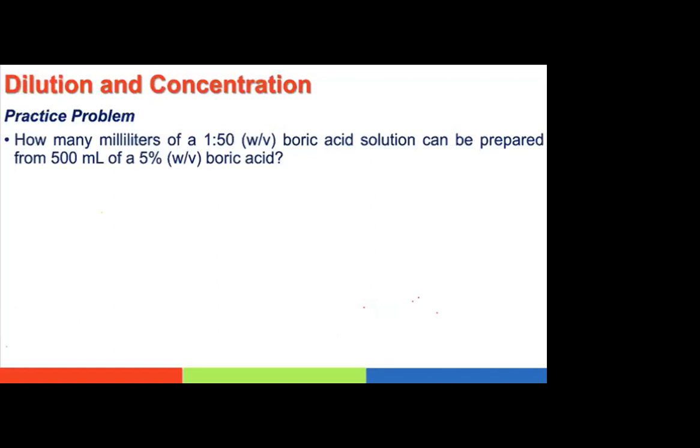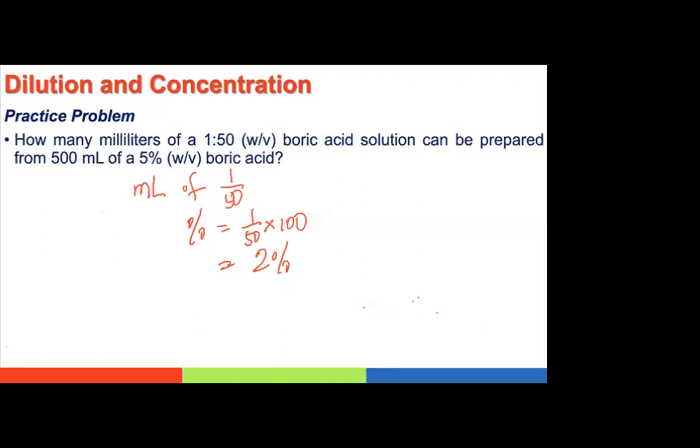Okay, tinatanong ilang ml of 1:50. How do you convert that into percent? Percent is equal to 1/50 times 100. And what's the final percent? 2%. And tapos na ang laban, di ba?